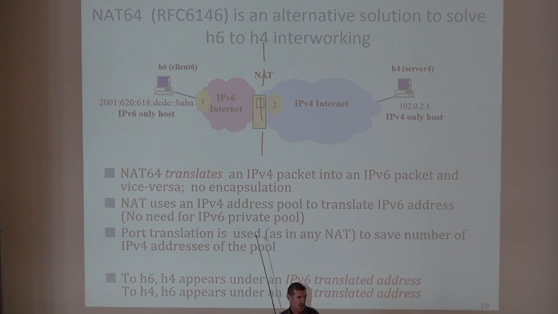When you're at home behind the NAT, you have an address, which is a Swisscom address, for example, and this Swisscom address can represent many of your private addresses. So here is the same thing, except we will not use one single address, because that will not be sufficient. We will want to serve a large number of IPv6 customers, so we will have a pool, a block of IPv4 addresses.